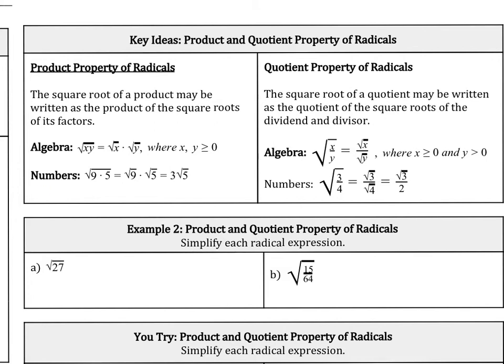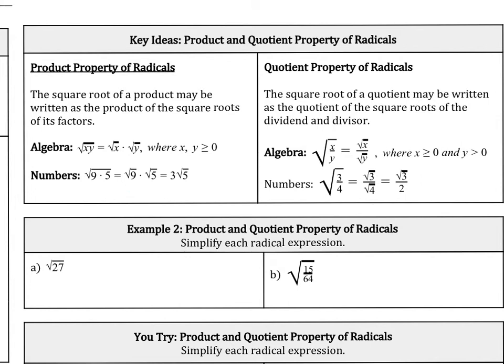An example for that is square root of 9 times 5. You can write this as square root of 9 times square root of 5. And square root of 9 is 3. So that's going to be 3 times square root 5. You saw this in a previous example when we had the 200.